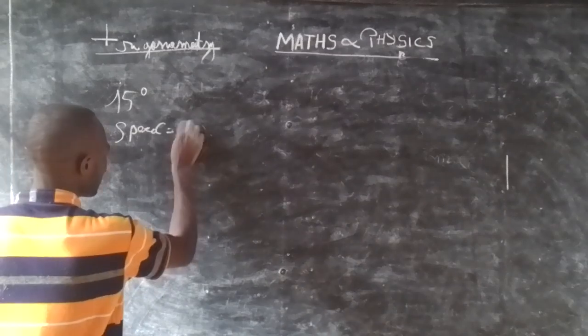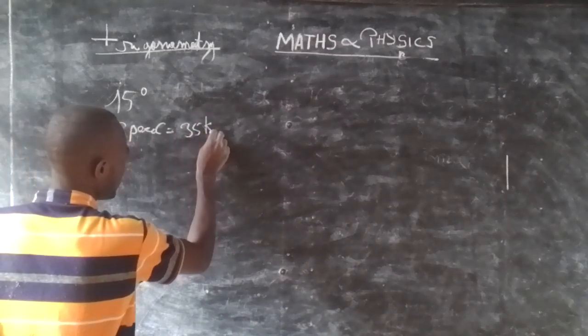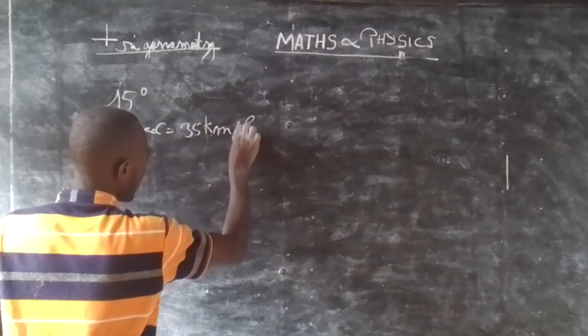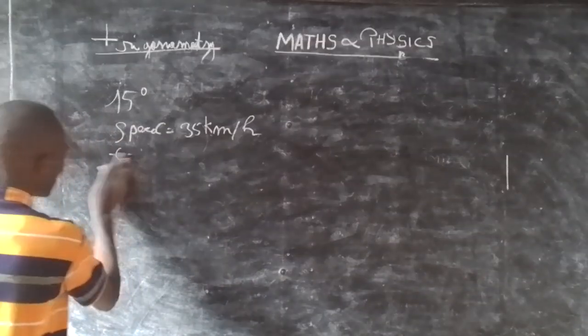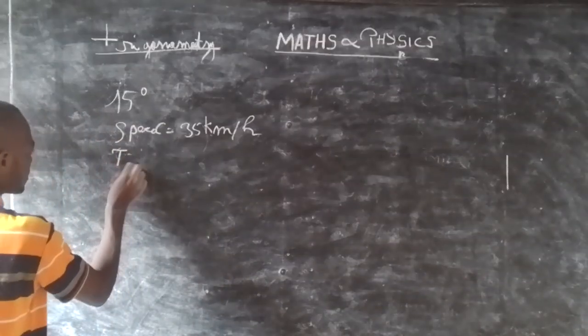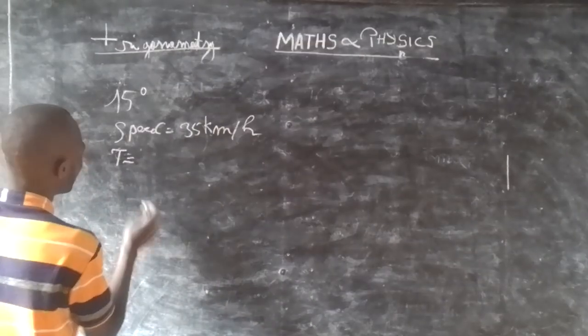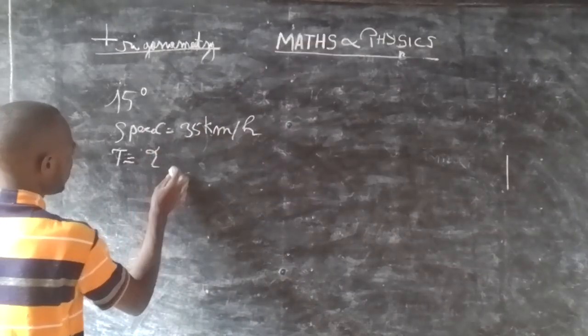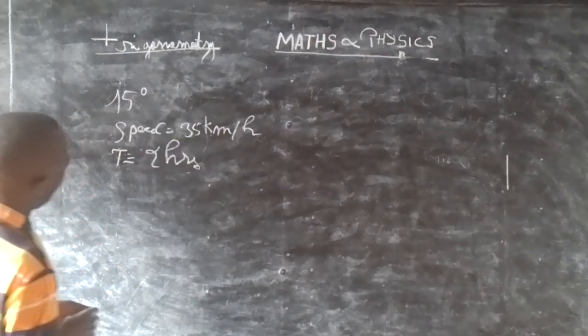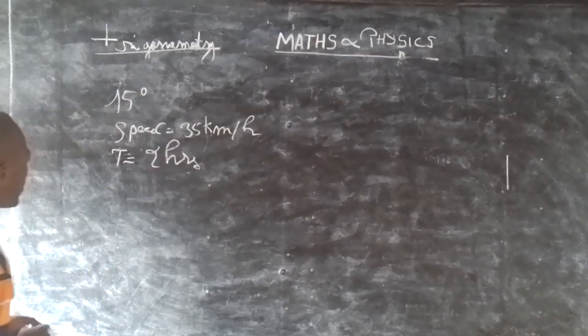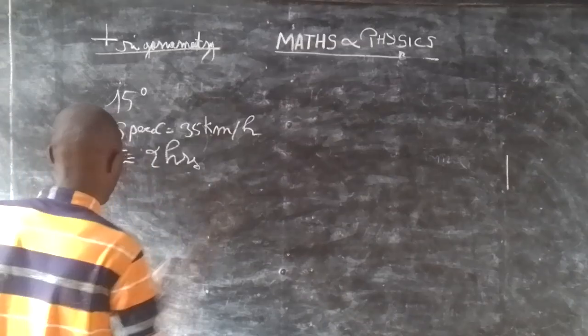And the speed was 35 kilometers per hour, and also we have time, t, which symbolizes time, which is 2 hours. We are asked to determine the distance.